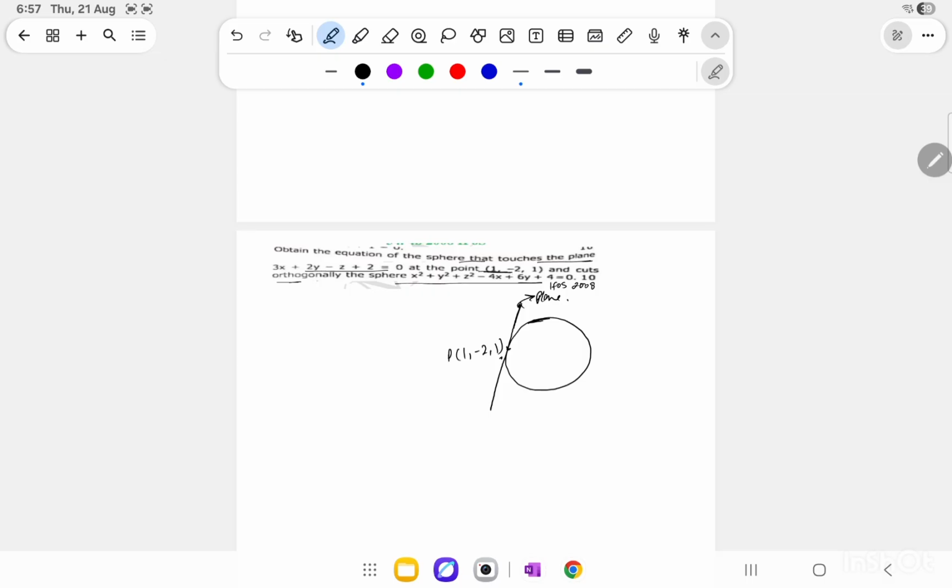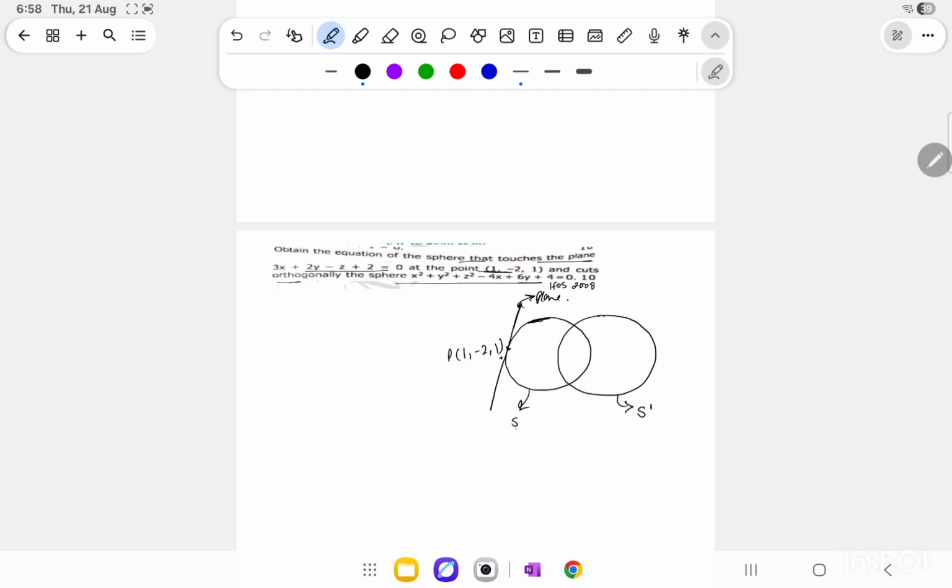Further, it says that this sphere is orthogonal to this given sphere. Let's name it S dash, and this is S. So we are supposed to find the equation of sphere S, which has tangent plane 3x plus 2y minus z plus 2 at point 1 comma minus 2 comma 1, and sphere S dash is orthogonal to sphere S.